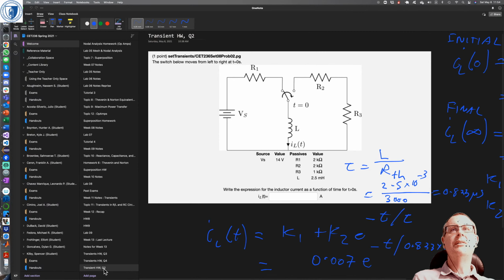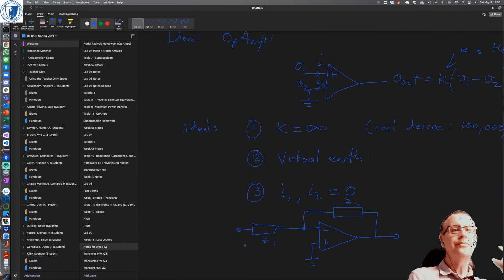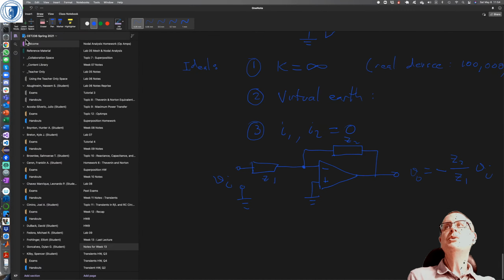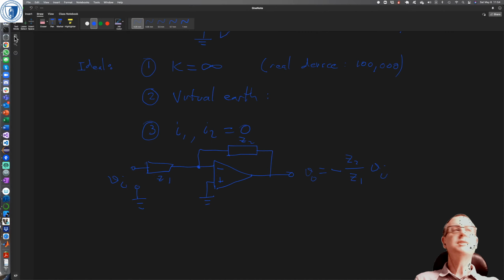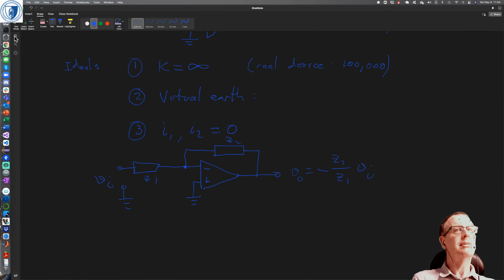Right, so here the output is going to be minus Z2 on Z1 times Vin. So Vin is the voltage in here. So if Z1 and Z2 are just resistors, it gives us a way to control the gain. A negative gain, but still a way to control the gain.